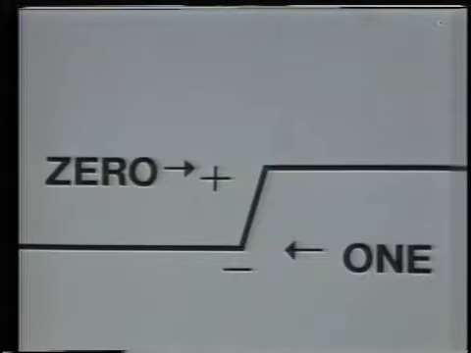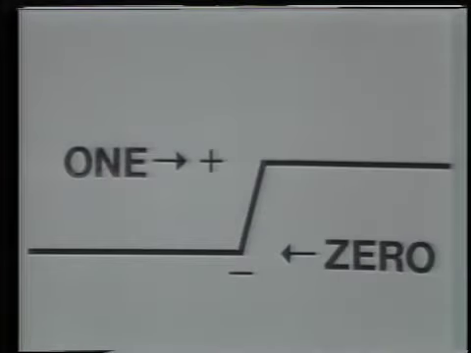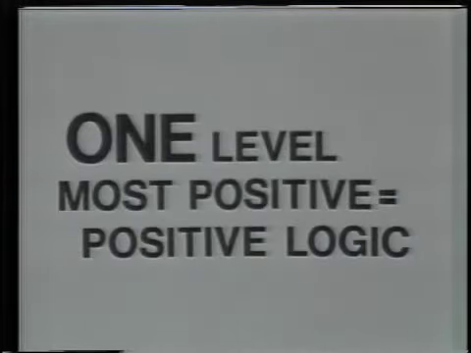The terms positive logic and negative logic refer to the relative voltage level of the logic 1 with respect to the logic 0 voltage level. To summarize, if we wish to know whether a system uses positive or negative logic, all we need do is note the polarity of the 1 level with respect to the 0 level. Not with respect to ground, by the way.